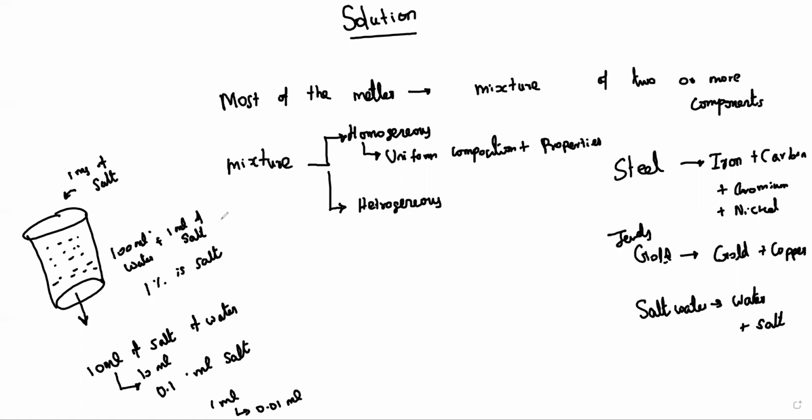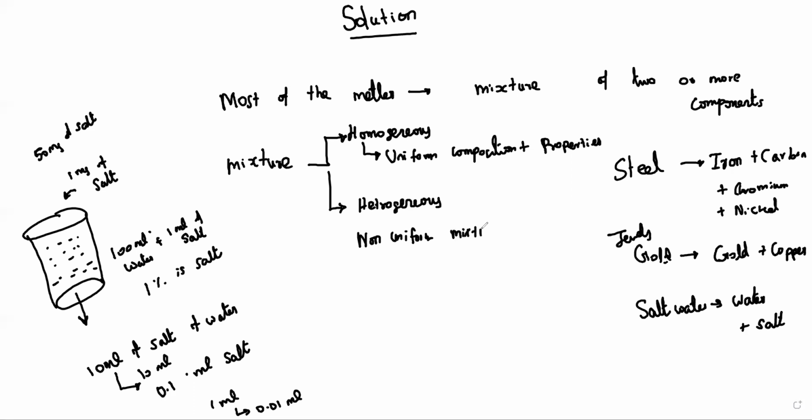Okay. And what is heterogeneous? Non-uniform composition. For example, instead of putting 1 milligram of salt, if I put 50 milligram of salt, what will happen? Does the entire 50 mg of salt completely dissolve in this water or not?